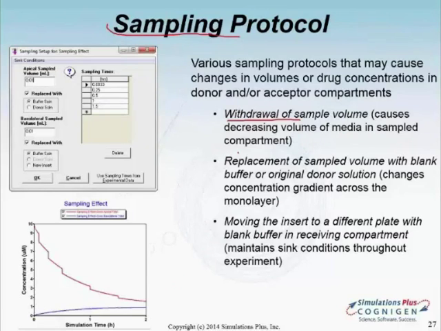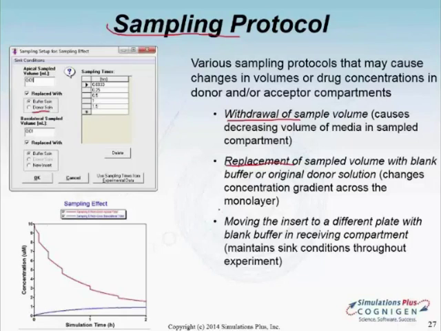You may be accounting for or trying to keep the volumes the same by replacing the sample volume with either blank buffer, which would most likely be done on the receiver compartment, or with the donor solution, again, something that you would most likely do on the donor or starting compartment. Again, this would be affecting your concentration gradients along the experiment, so the software again accounts for those effects.